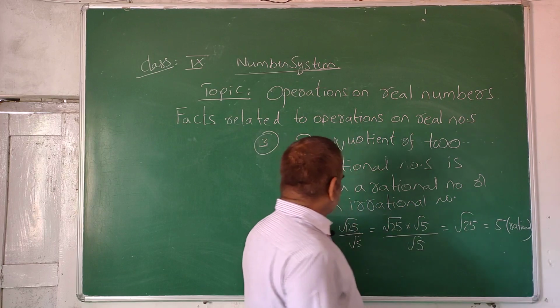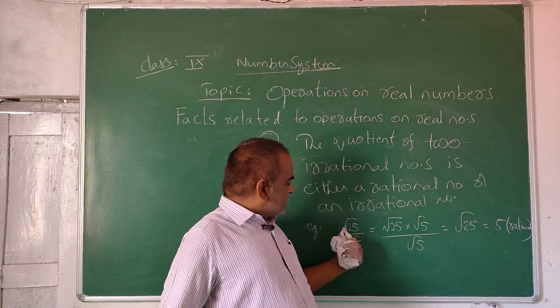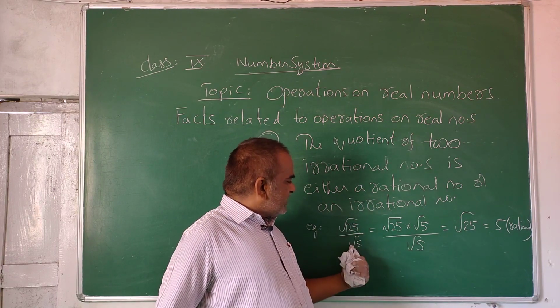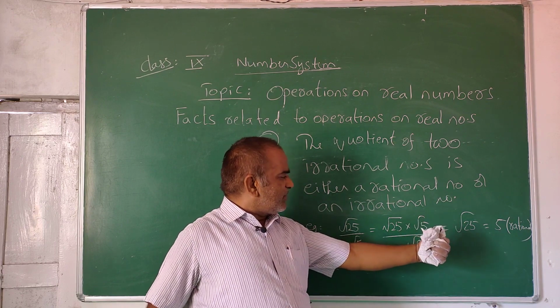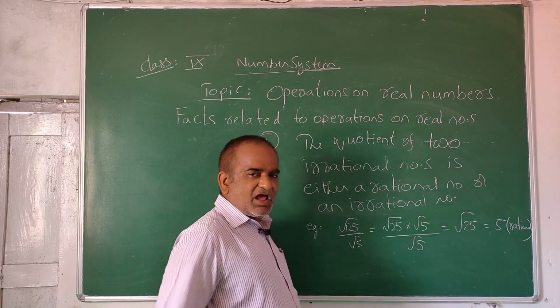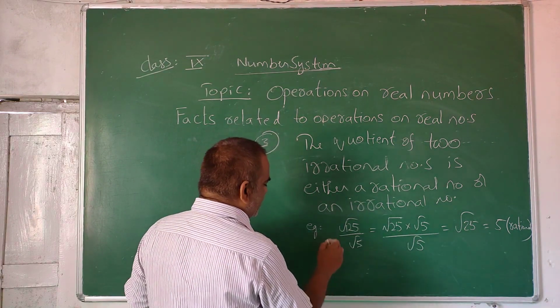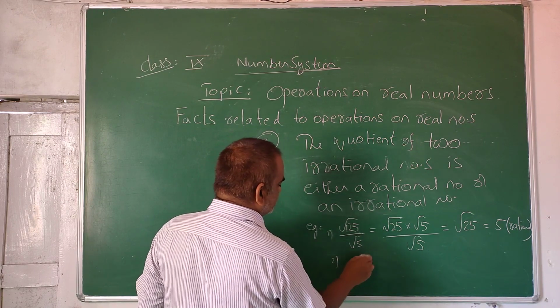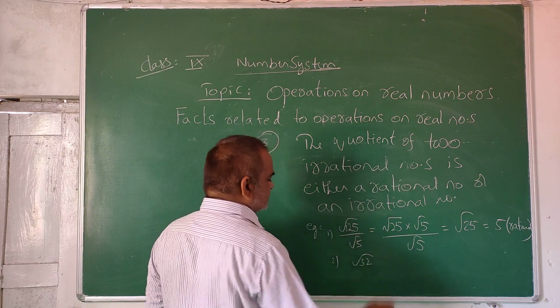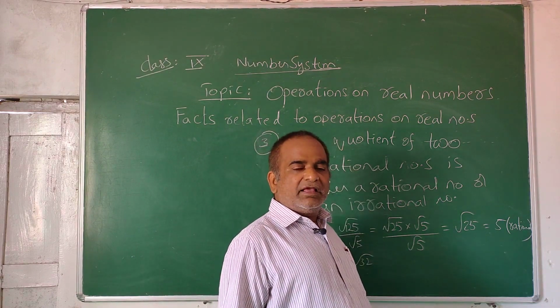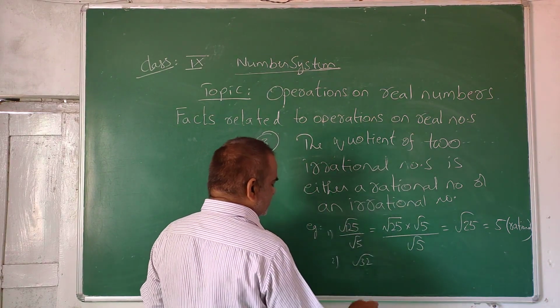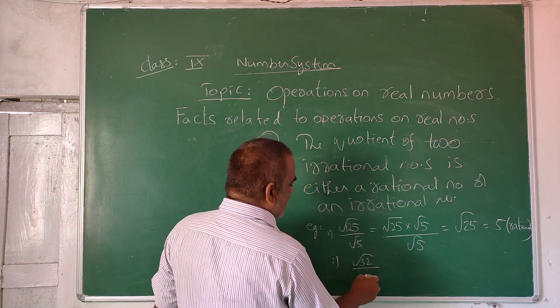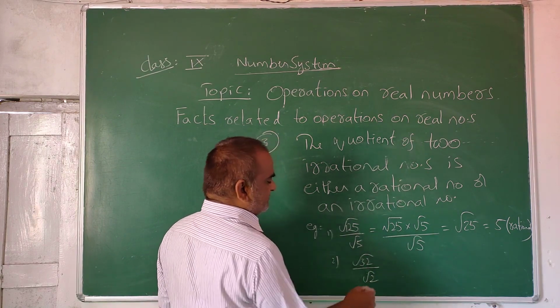Have you seen this? It is a rational number. So here the quotient of two irrational numbers, you got a rational number. Understood? Take another example. Root 32 is an irrational number, and root 2 is an irrational number.